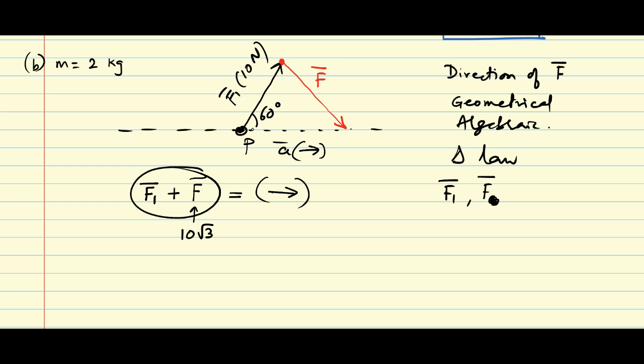Now the resultant of these two is the third side drawn in this way, and we can see that the resultant is towards the right. That would not be the case if F bar ended somewhere over here, in which case the resultant would not have been rightwards, it would have been rightwards and downwards. So I need to draw the vector F bar in such a way that it ends on that dotted line.